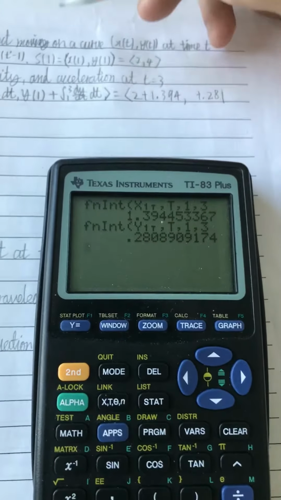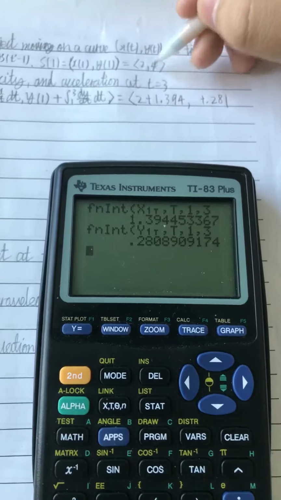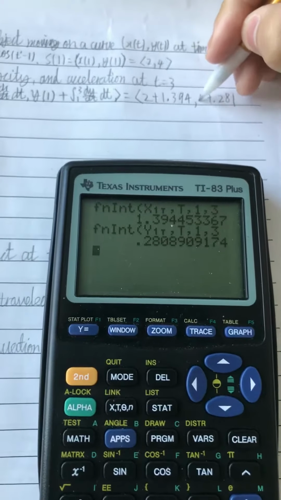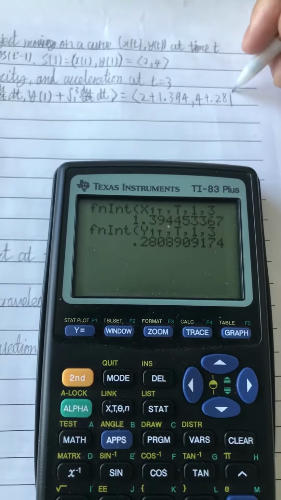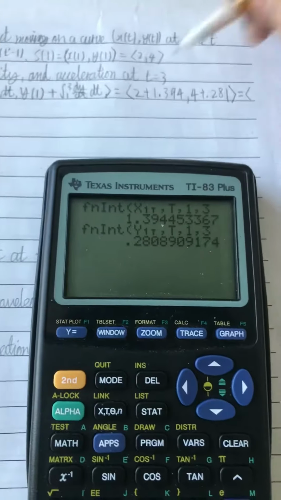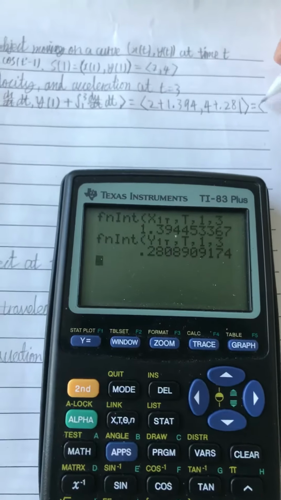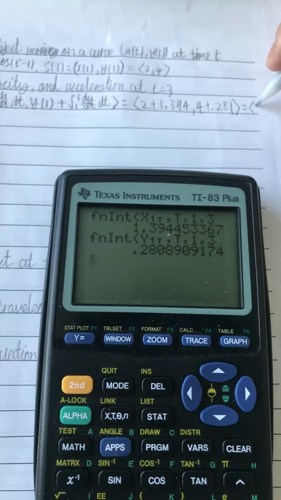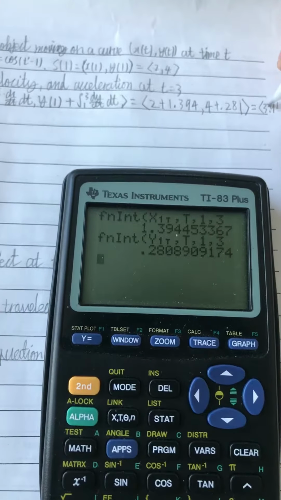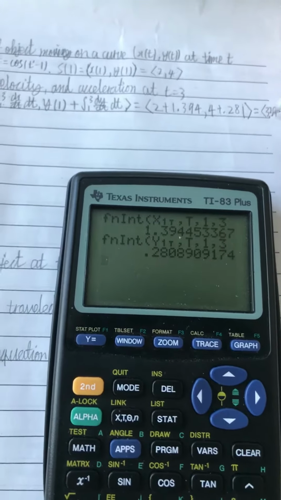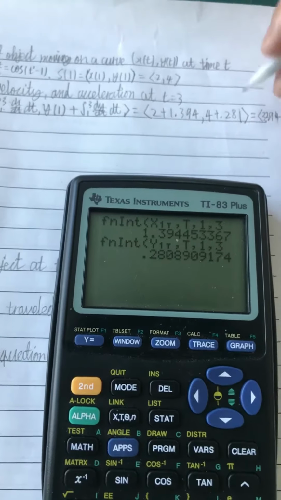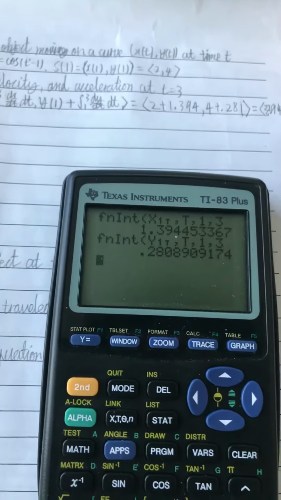We also know that at time equal 1, y is 4. So here's what we have, and therefore x3 is equal to 2 plus 1.394, that's 3.394. And y3 is 4 plus 0.281, so 4.281.